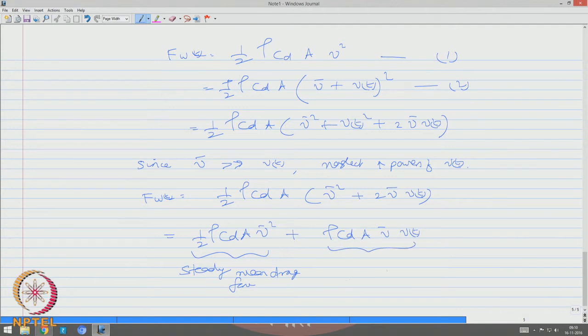This component is the fluctuating zero mean force. So, now I can say this as F bar plus F g, where the gust component is rho C d A V bar V of t.